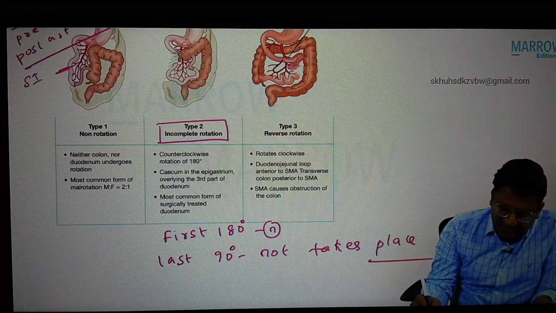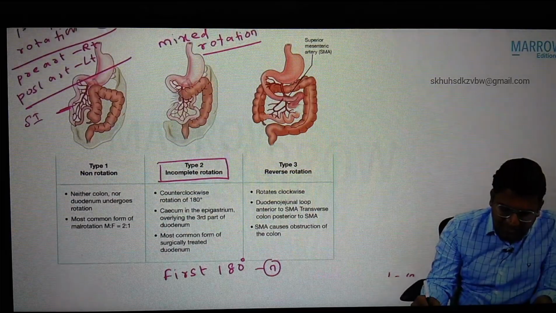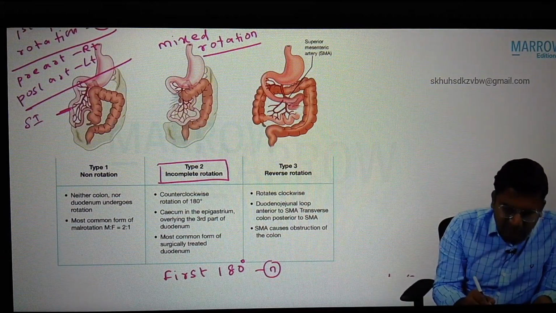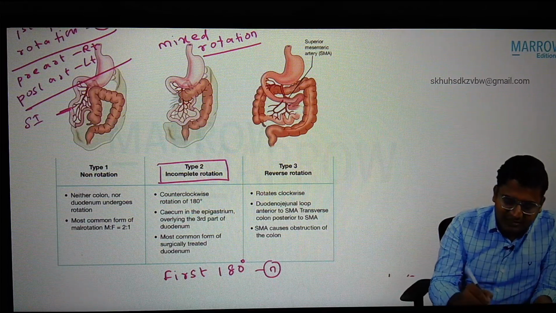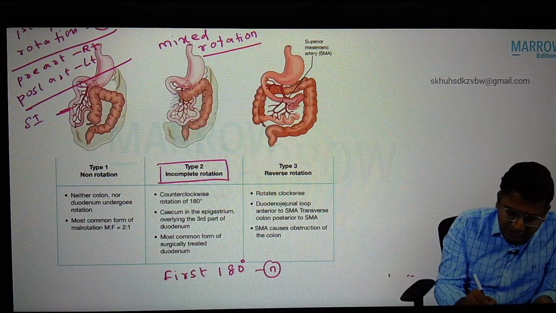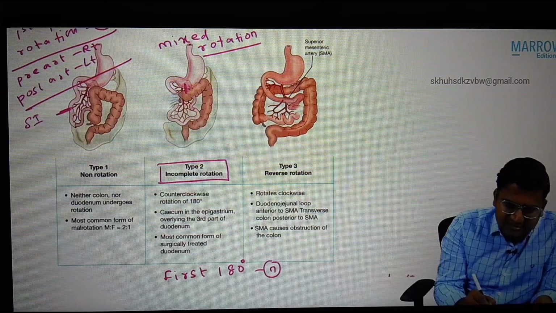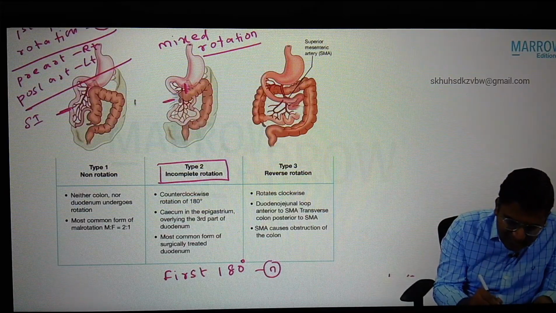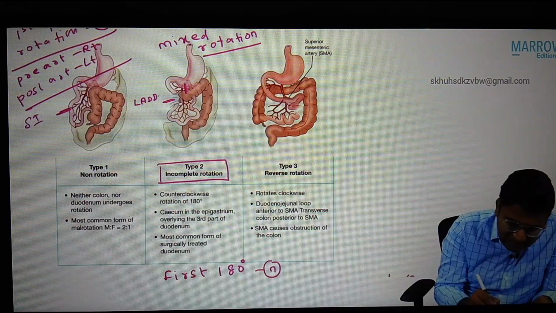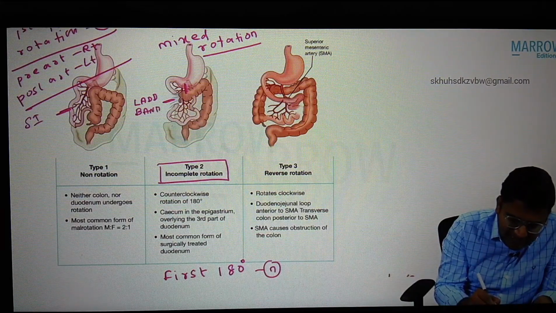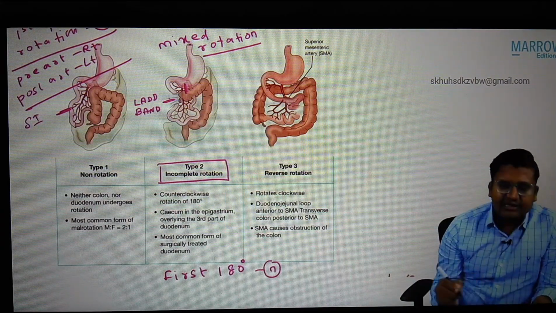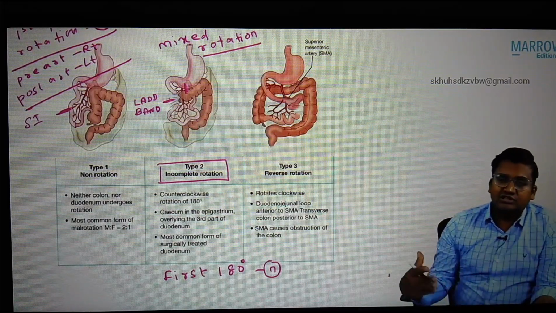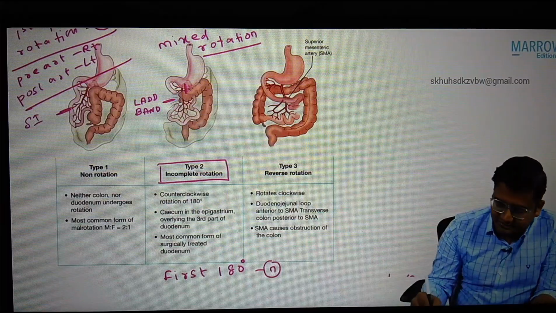In this, the cecum is found just below the pylorus, the subpyloric cecum. We also see one band here, called the Ladd's band. The band crosses the duodenum anteriorly and will compress the duodenum, which in turn produces duodenal obstruction.